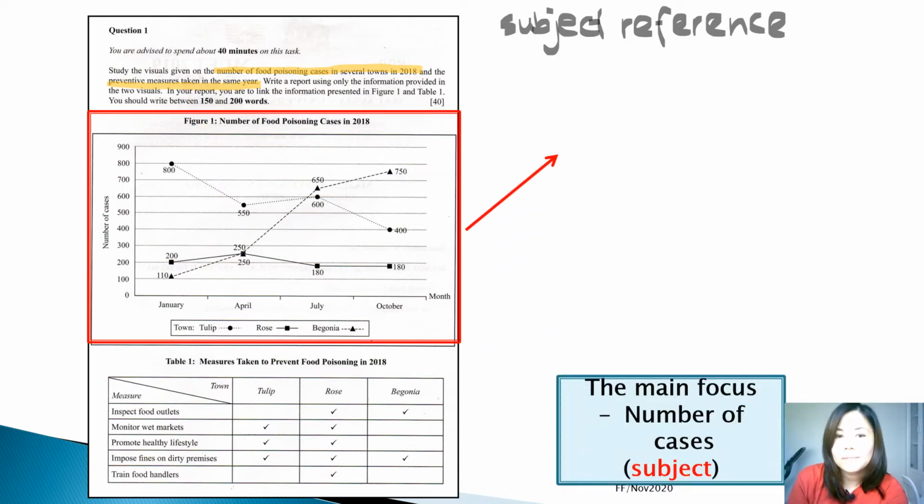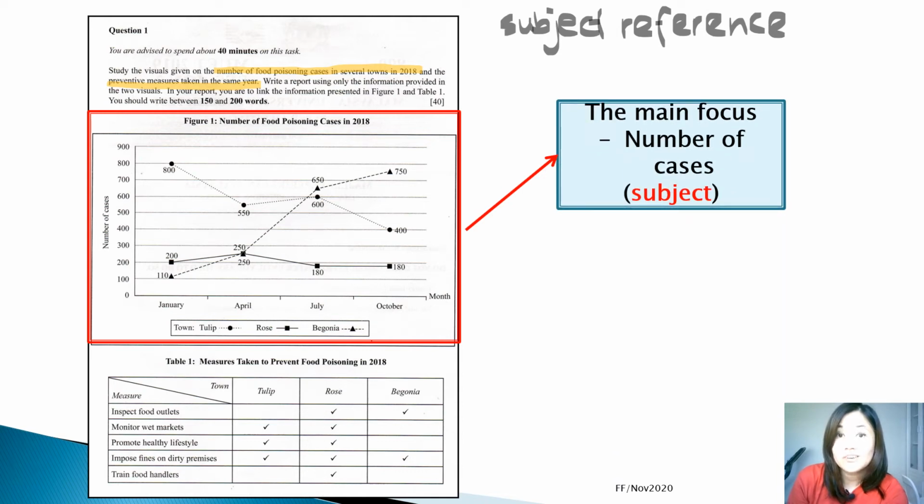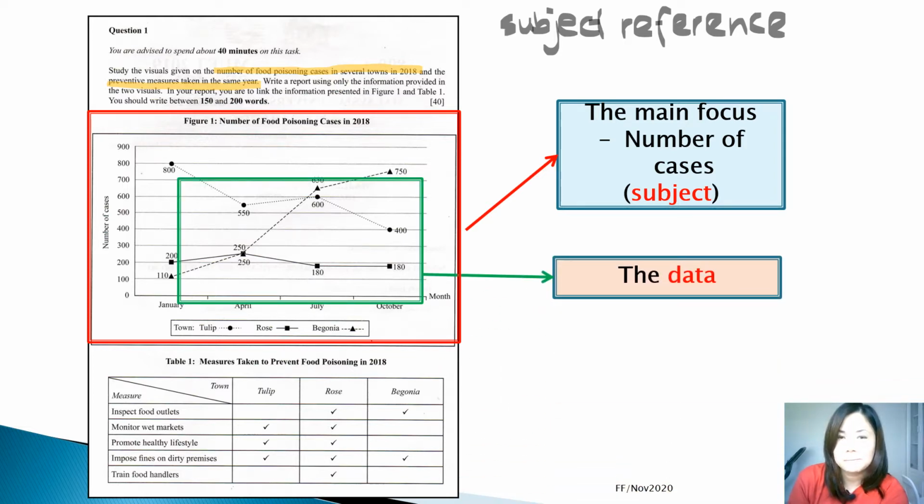As for figure 1, the main focus of the subject is the number of cases and the data. So as you mention number of cases, for example, for tulip, you can mention 800 cases, by saying that the number of food poisoning cases in tulip was the highest at 800 cases in 2018.